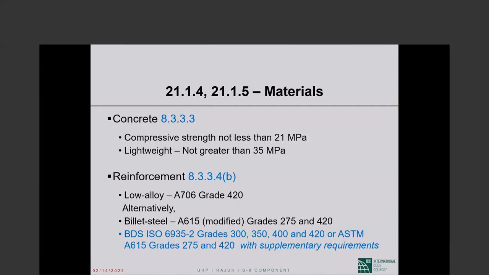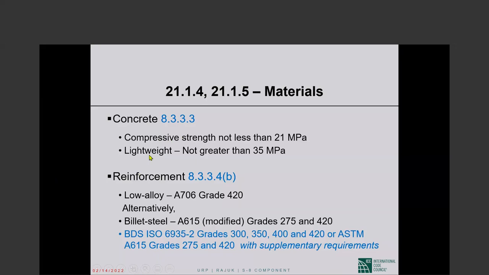I still included them in this slide set so that you have a complete slide set for shear walls, but I will go over them quickly. Normal weight concrete: no upper limit on the compressive strength, but the compressive strength cannot be any lower than 21 MPa, 3,000 psi, 3 ksi.